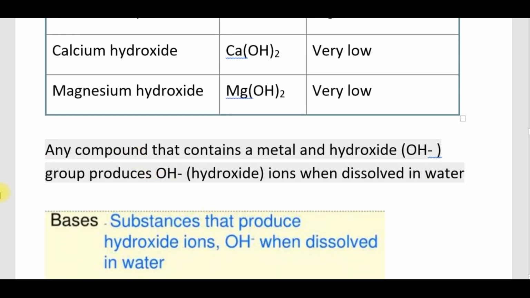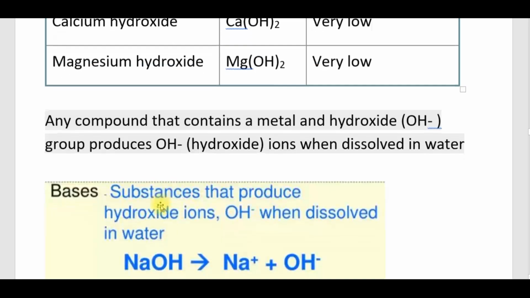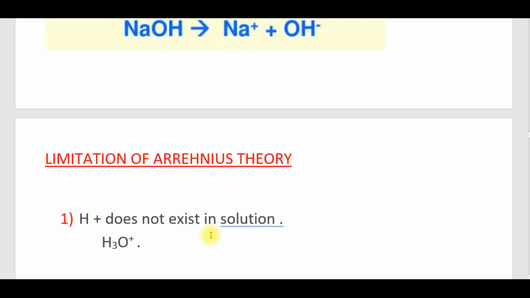Any compound that contains a metal and a hydroxide group produces OH minus hydroxide ions when dissolved in water. Basically, substances that produce hydroxide ions are called bases, like NaOH giving Na plus plus OH minus in water.